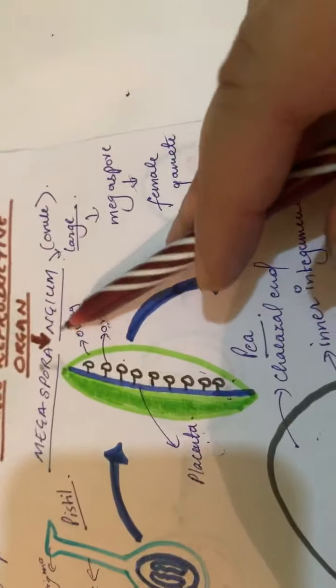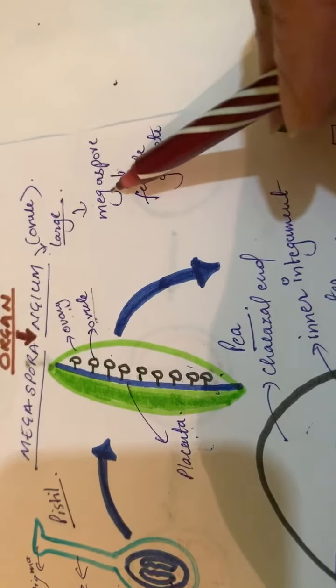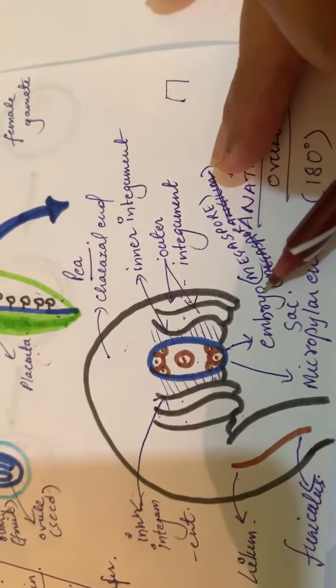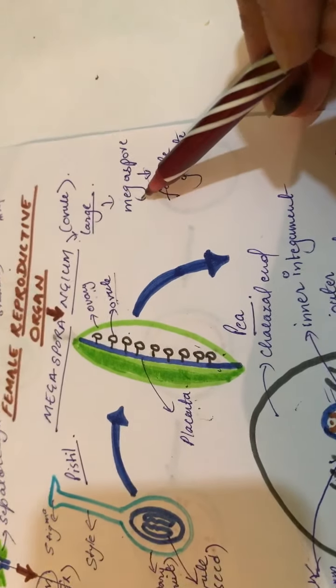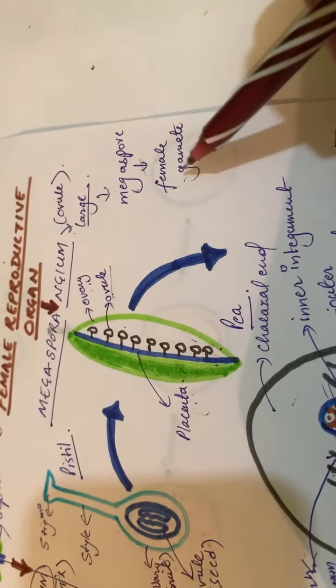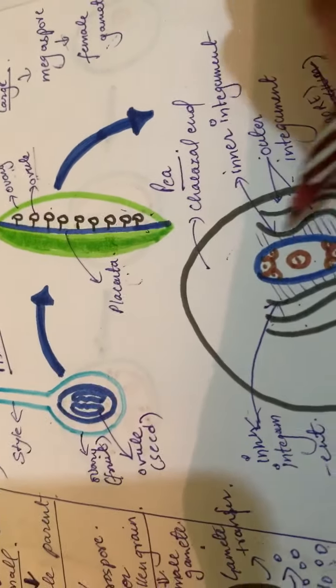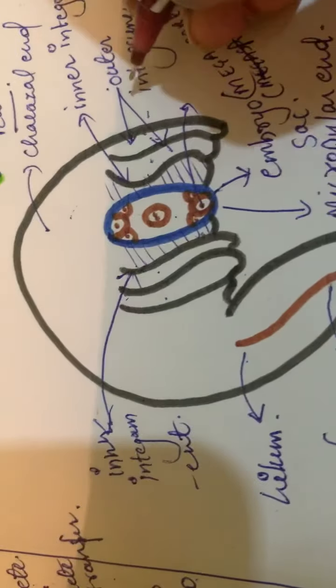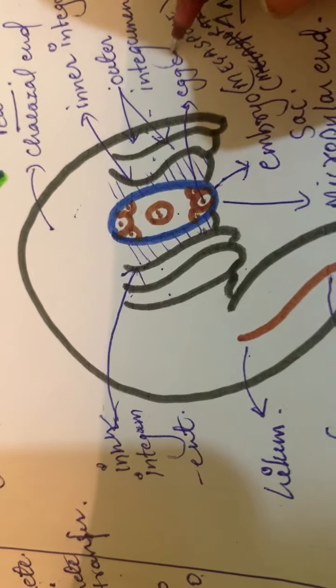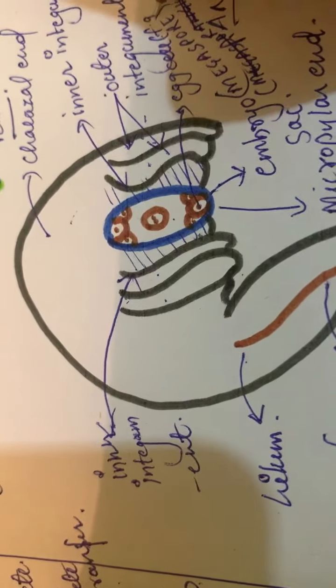Similarly here, megasporangium ovule comprises megaspore, which is an embryo sac. Megasporangium is what? Ovule. It has embryo sac, which is a megaspore, and megaspore comprises female gamete. And female gamete is where? Here. Female gamete is here, which you call egg cell. This is a female gamete.